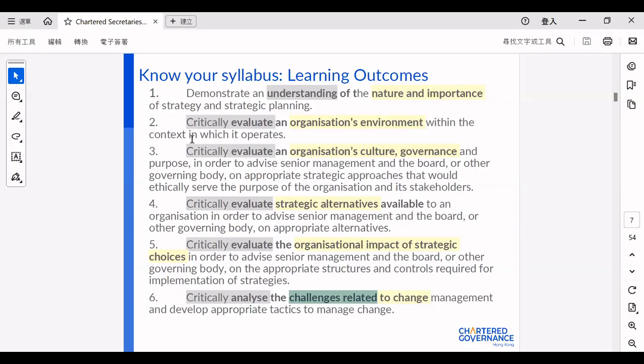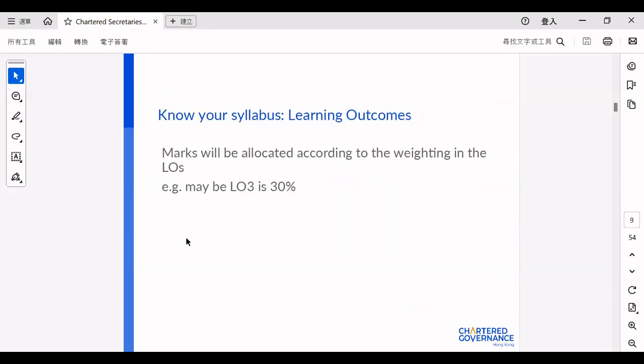So, having said that, we will look again at the structure of the syllabus. You can see that in your syllabus, in the learning outcomes, you have 150 marks altogether in total.